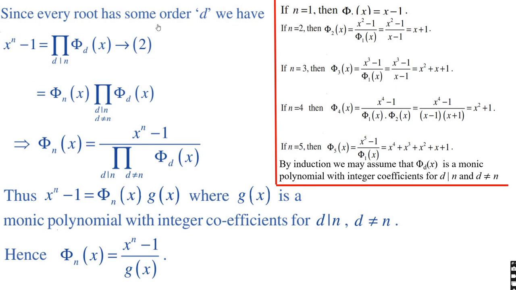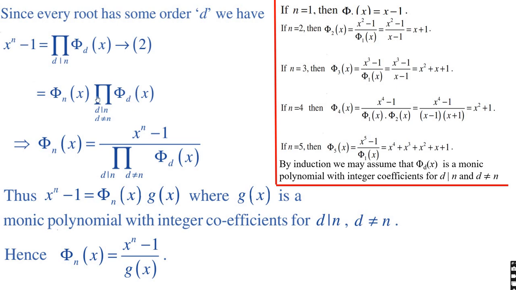Now, since every root has some order d, we have x power n minus 1 written in this way, as a product over d dividing n. In this, d divides n, so even my d can be n. So that is taken separately.